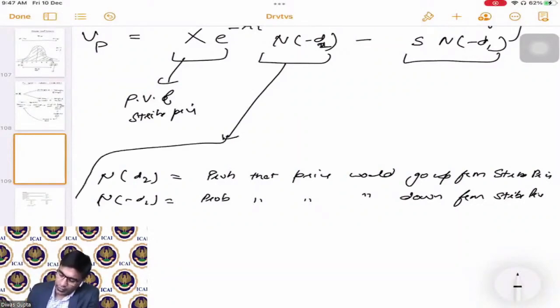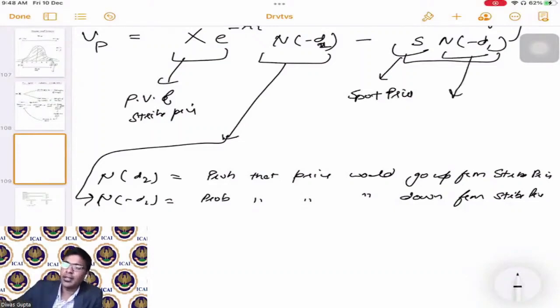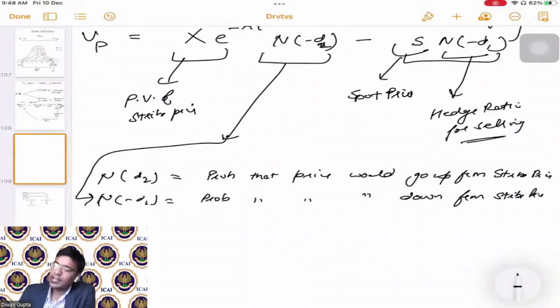So I'm just referring to this N(-d2). S is simply the spot price at which you will do the selling today. Minus d1 is again the hedge ratio for selling purposes. For selling, what would be the hedge ratio? In the valuation of call option, we have seen the hedge ratio from the purchasing purposes.